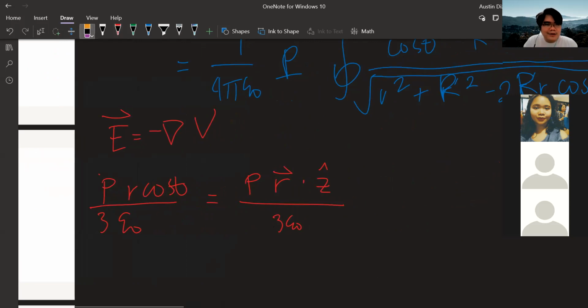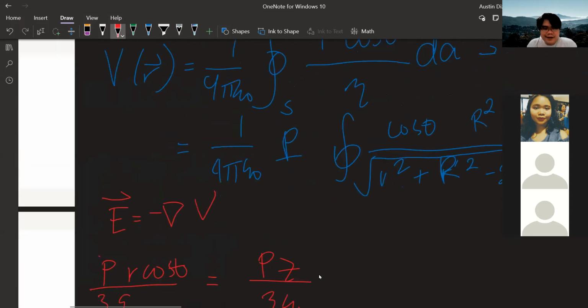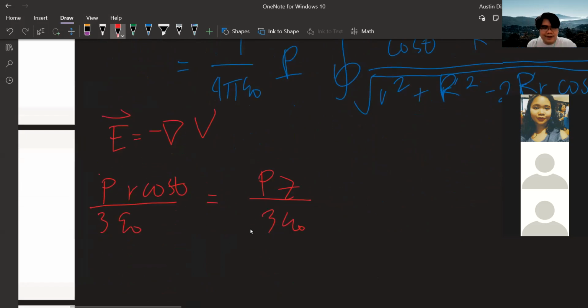I mean, mali yung gusto kong gawin. Okay, R cos theta is just Z. Tama ba? P, Z over 3 epsilon naught. Tama, di ba? Yan pala yung gusto kong gawin. Pero tama rin naman yung representation kanina.